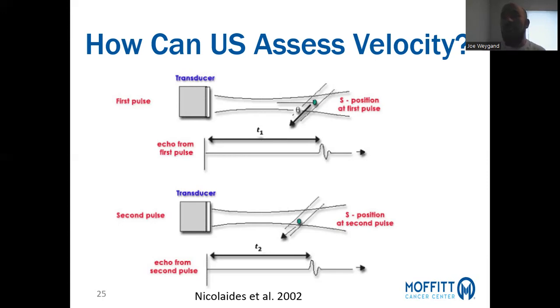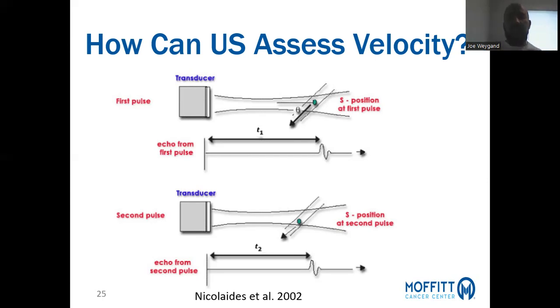We could then wait an amount of time in which the particle is traveling with a given velocity and has moved to a different position. We could then measure the amount of time that this new ultrasound pulse takes to go from the transducer to the particle and then back to the transducer. Let's call that time T2.